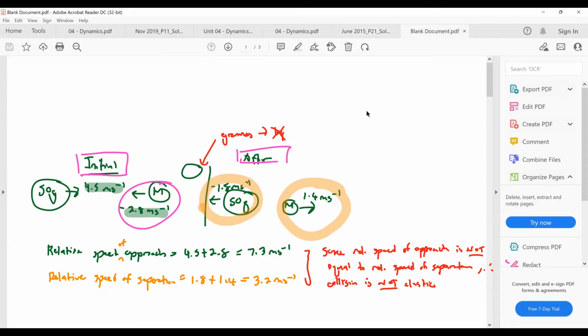But you can also do something here where you evaluate it based on kinetic energy. This is one way of looking at it. You can also do it in another way, that is by finding the total kinetic energy.